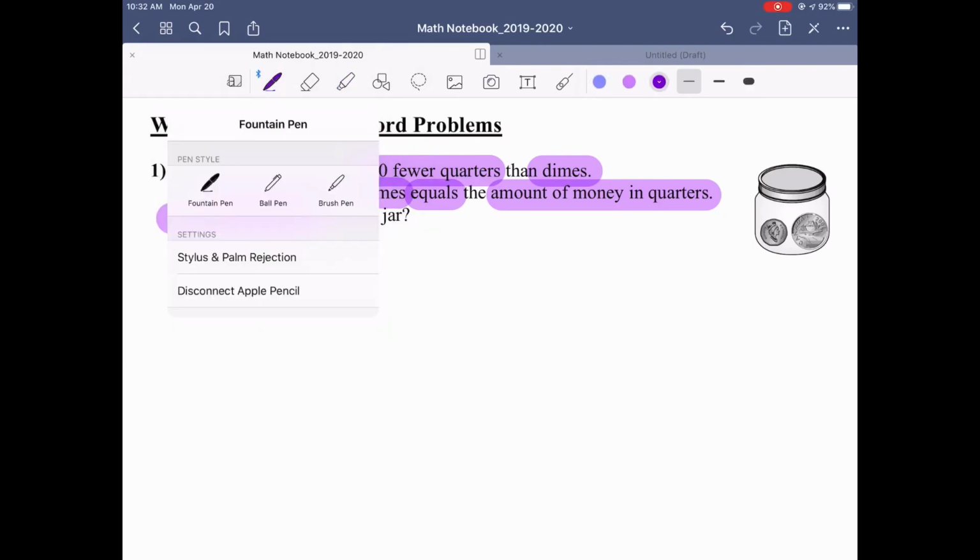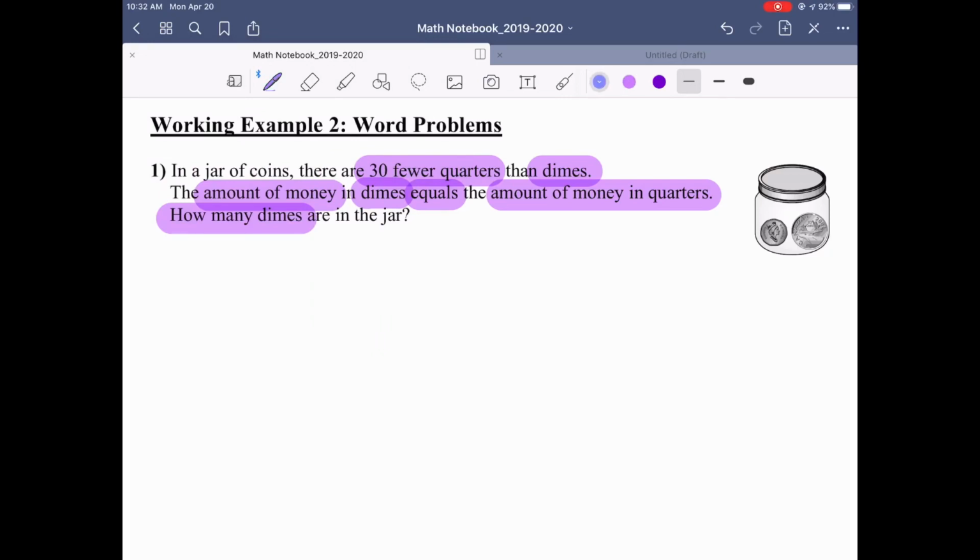So let's break down this question and see what they're really asking us here. So we have two types of coins here. We have dimes and we have quarters. And they're saying that there are 30 fewer quarters than there are dimes. However, we don't know how many dimes there are, because that's what it's asking us.